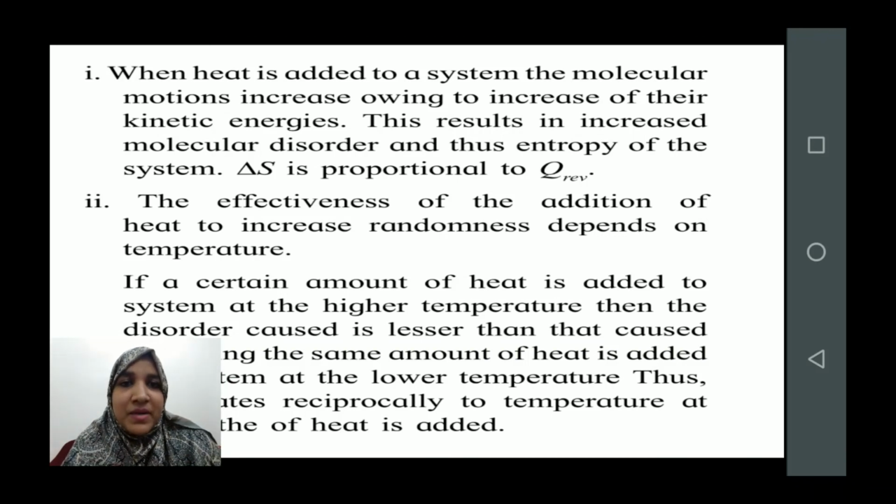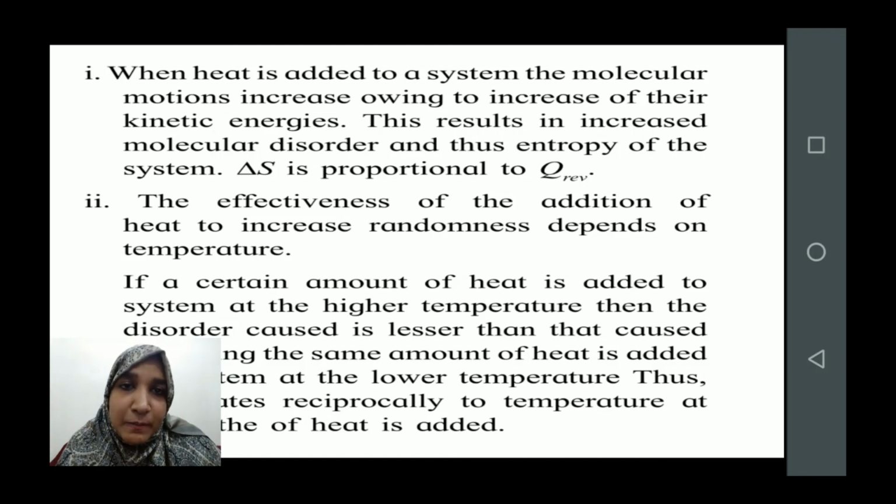So remember students, the temperature of the system is accountable for the disorder that is already present in the system. If the temperature is already high, the small addition or removal of heat from the system will not be very significant.